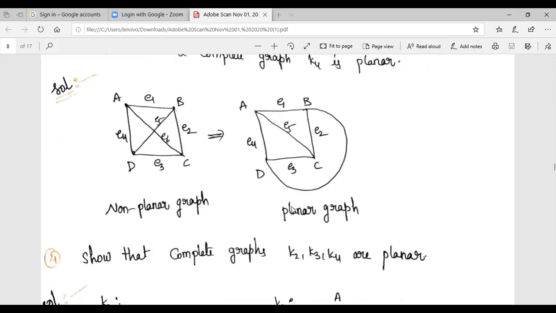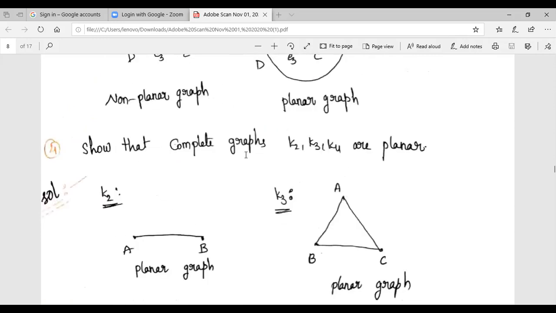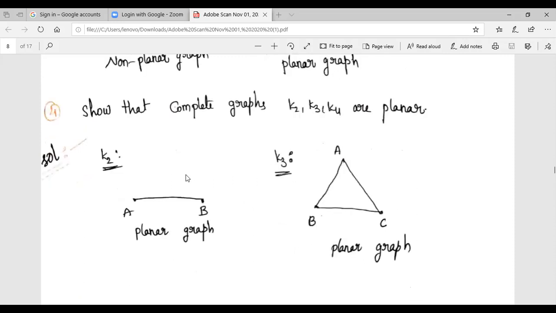Okay. So show that complete graphs K2, K3, K4 are planar. So these are the examples for K2, K3. K2 means the graph with 2 vertices. So 2 vertices, 3 vertices. So every vertex has an edge with every other vertex.